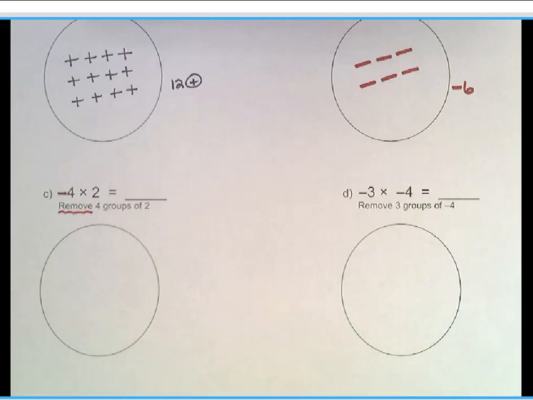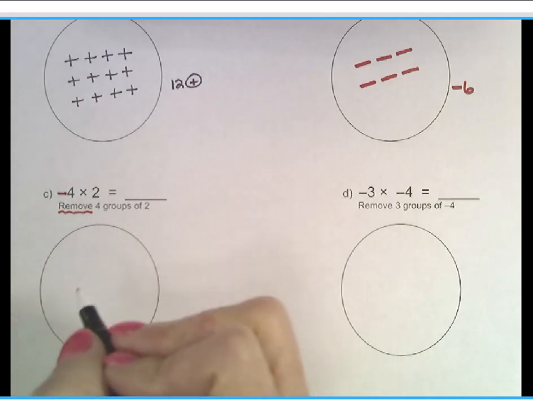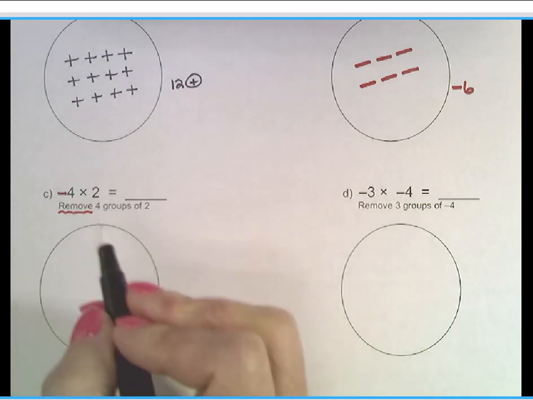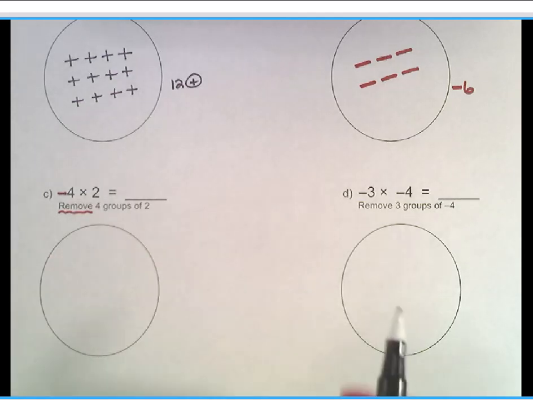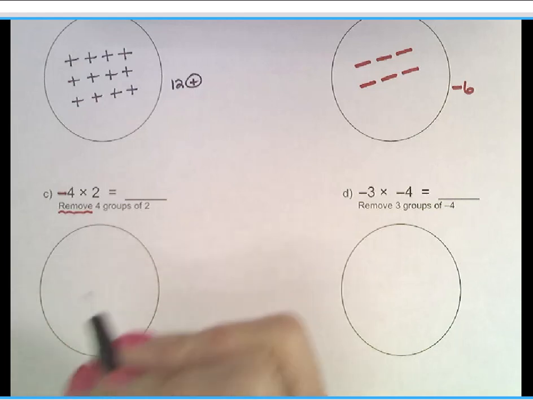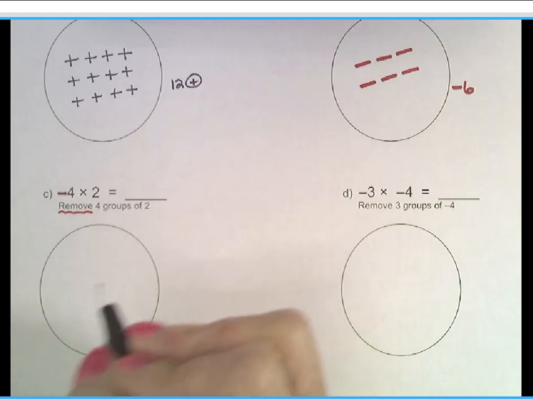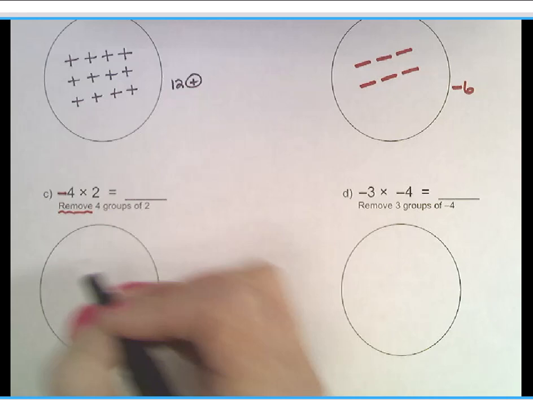How do I take away or remove what I don't have? Well, I guess I'm going to have to add in some 0 pairs. How many? Probably about 8. But I only know that because I happen to know what 4 times 2 is. So groups of 2. 4 groups of 2.